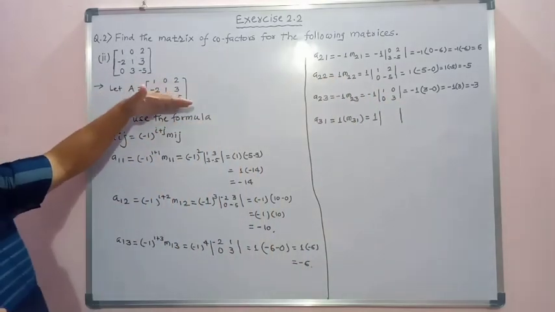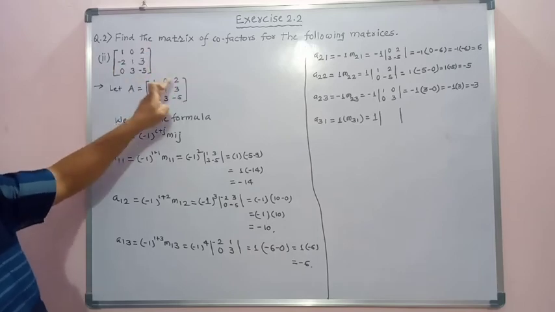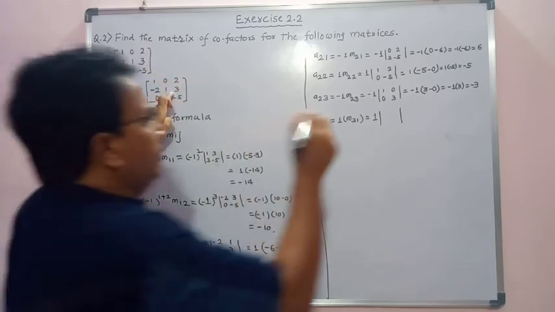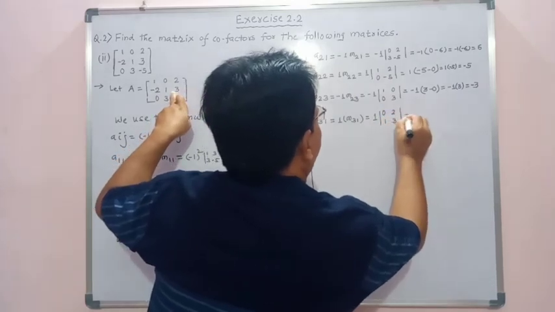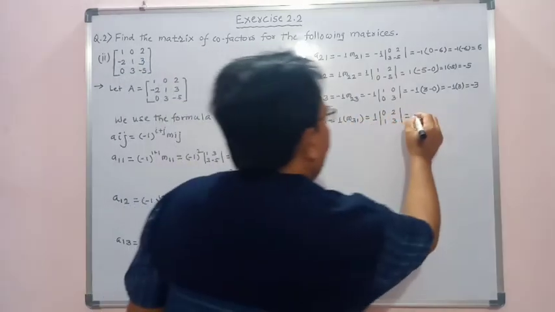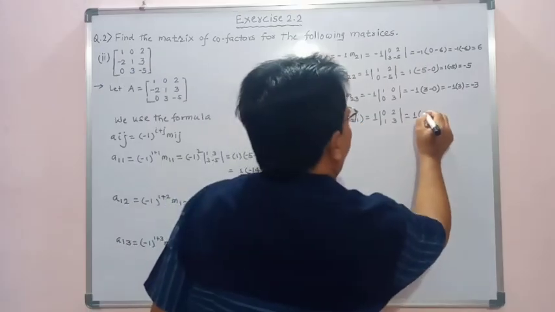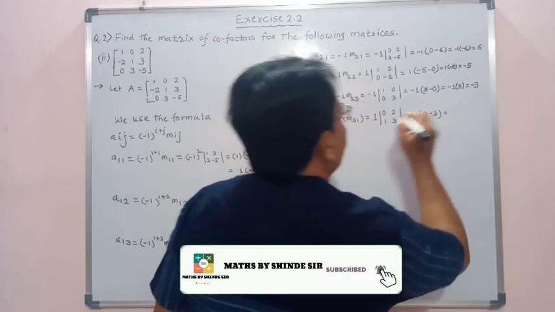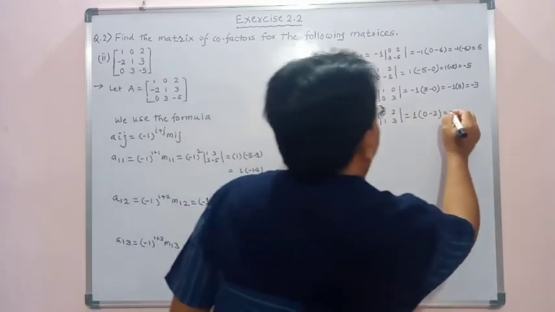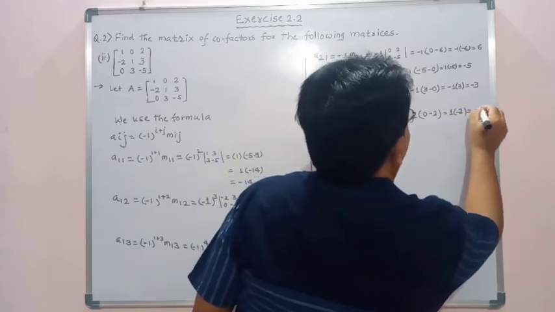Leaving off third row, first column: 0, 2, 1, 3. Therefore, 1 into this cross product: 0 into 3 is 0, 1 into 2 is 2, and this direction is a minus. 0 minus 2, 1 into 0 minus 2 is minus 2. 1 into minus 2 is minus 2.